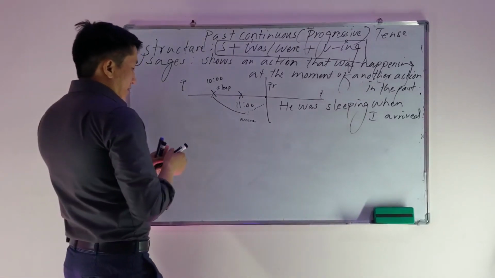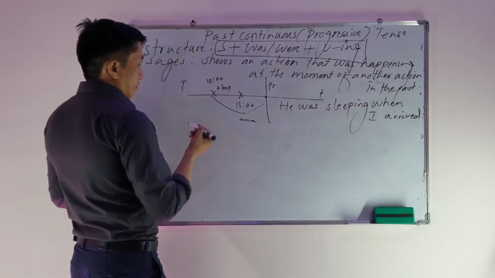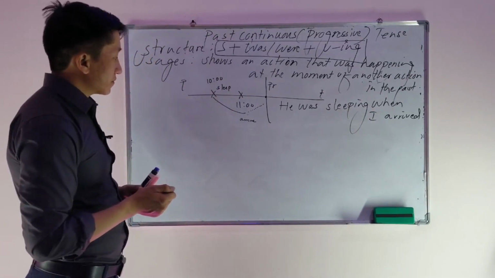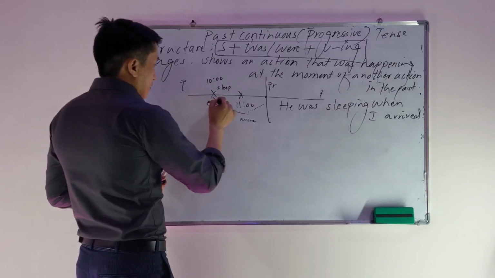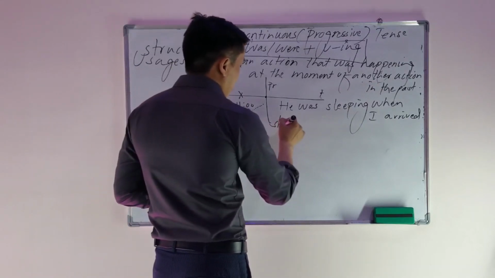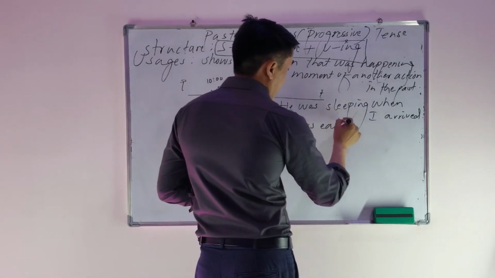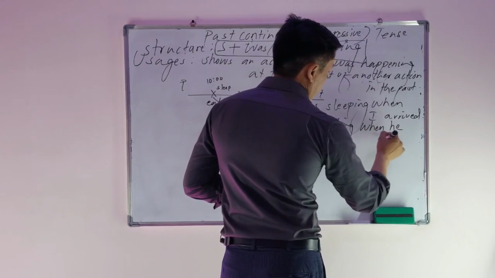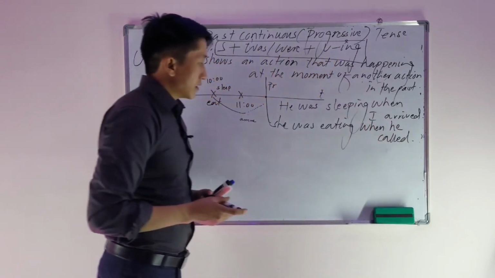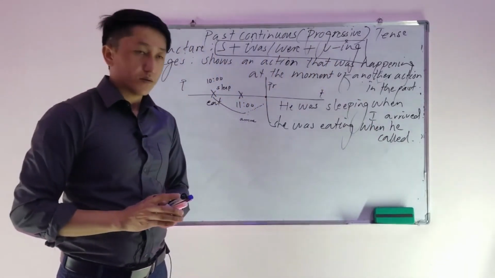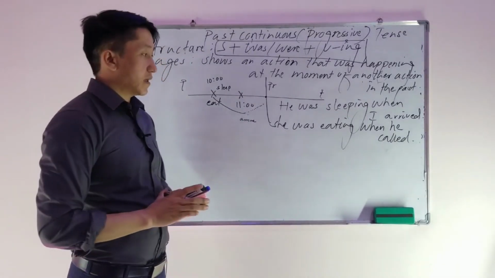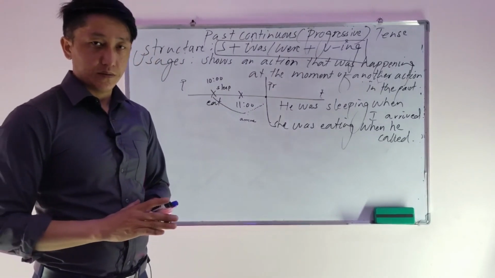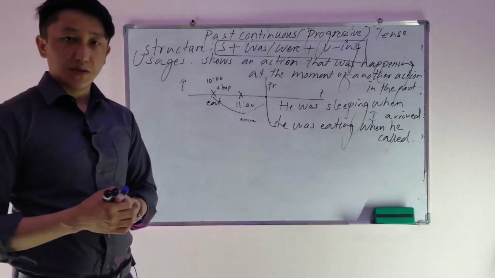For example, let's say eating and here calling, we can say she was eating when he actually called. So this action of eating started before calling, and it continued at the time of calling, and after that it also continued. So we can use what tense? We can use past continuous tense.